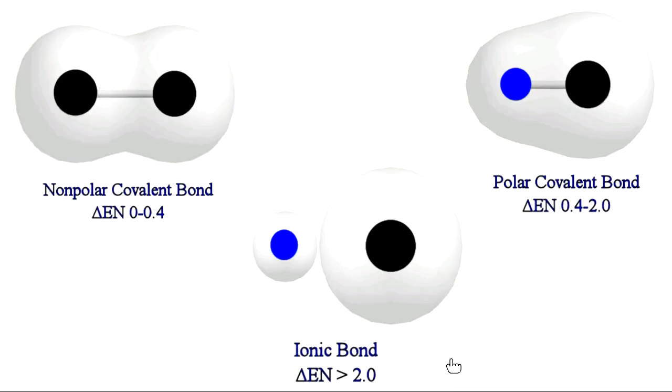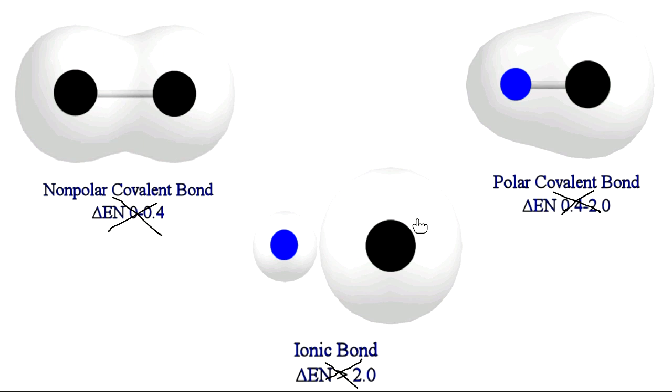Do not, let me say this now, do not memorize these numbers. I don't think you even actually have these numbers. The reason I included them here was just to show you something. When we talk about a nonpolar covalent bond, those are my equal sharing bonds. The electronegativity differences, that's what this number shows me. The difference in electronegativity is pretty small in a nonpolar covalent bond. For us to share our electrons equally, our electronegativities are pretty close to each other.